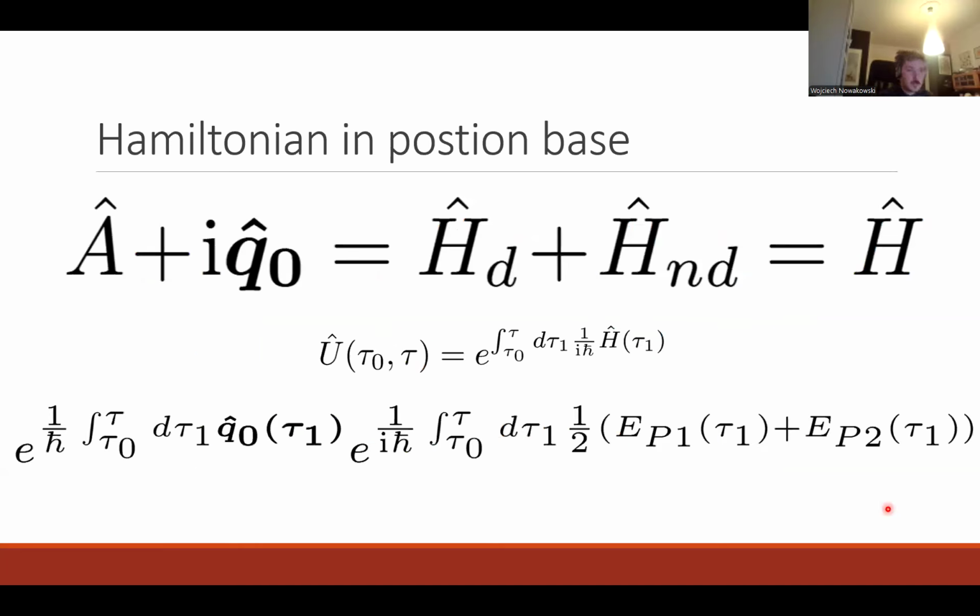And if we have a Hamiltonian in some kind of quaternion form, we will now try to use this Hamiltonian in some examples.